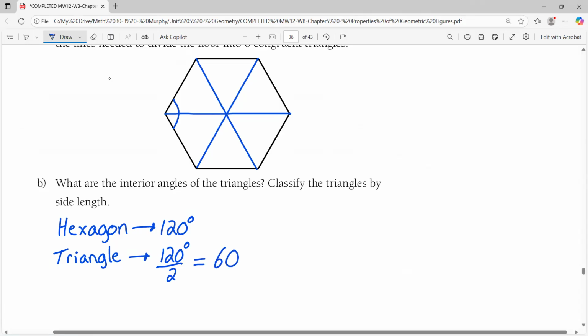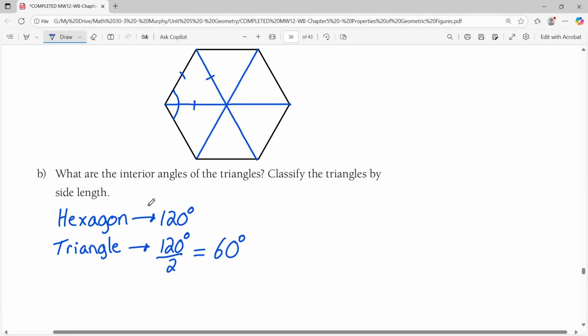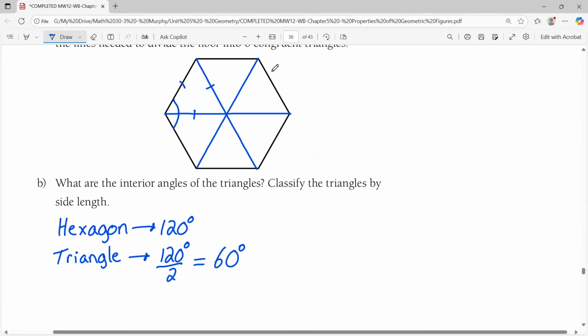And you're going to notice something. That is the amount that is always necessary for an equilateral triangle. So we didn't even have to do any of this work here. If you knew that for a triangle, the interior angle is 60 for one that has sides that are all the same length, you could have just jumped to 60. Because when you have a hexagon with equal sides, when you do this, you create triangles with equal sides.